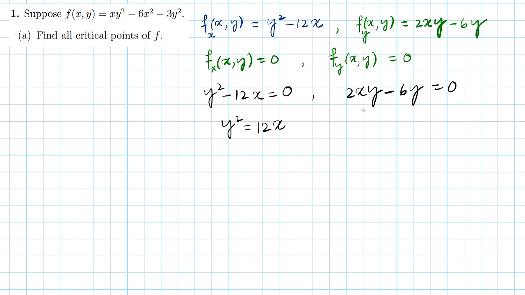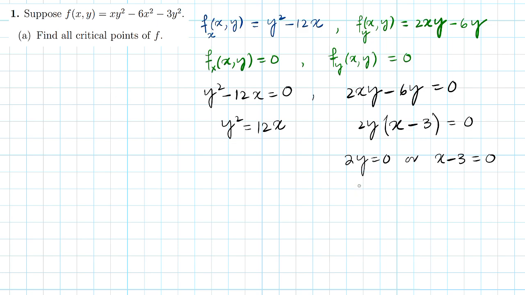Now we can take 2y as a common factor, so we are left with 2y times x minus 3 equals 0. Now we have to use the zero factor property. That is going to be 2y equals 0 or x minus 3 equals 0.